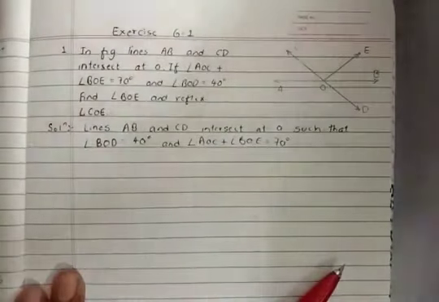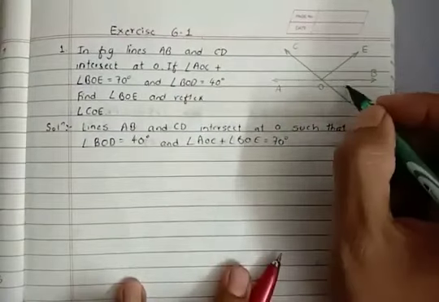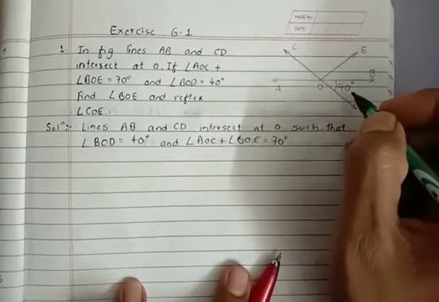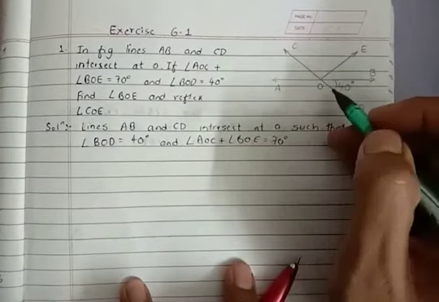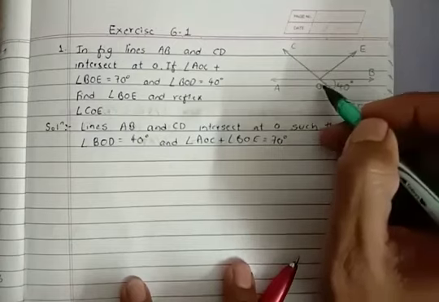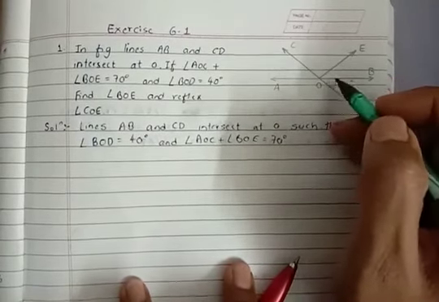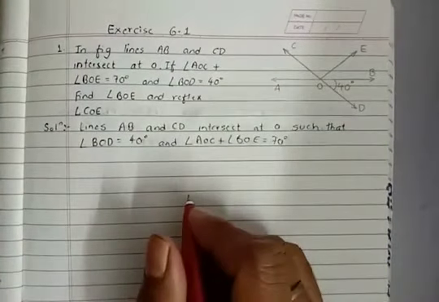Right? This information is given. Angle BOD is 40 degrees and angle AOC plus angle BOE is 70 degrees. So we wrote down the information which was given.